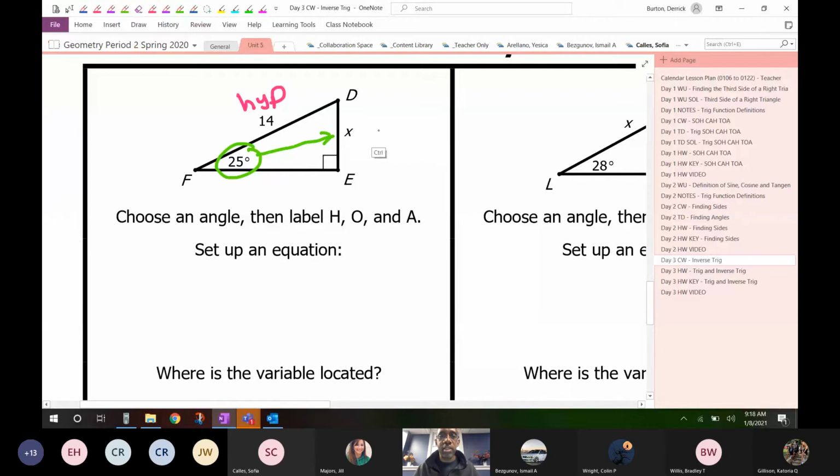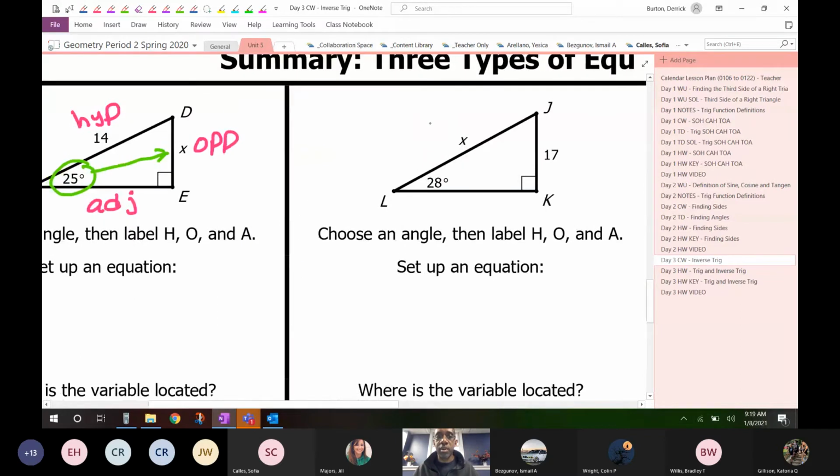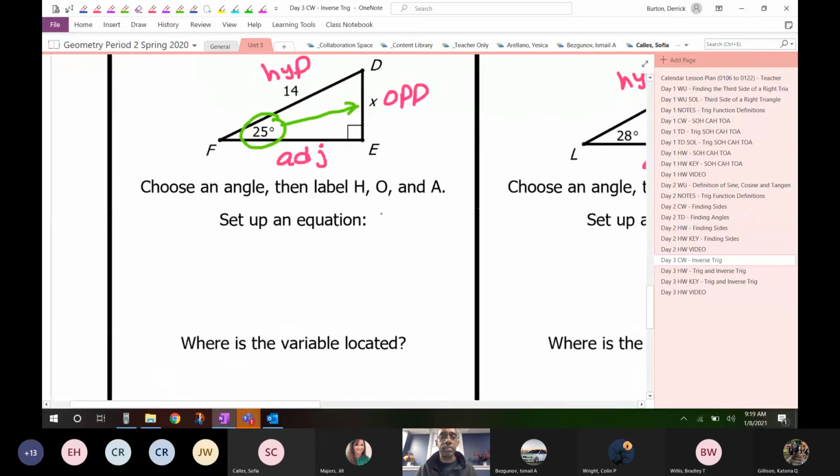Boom, that makes this opposite, and this is adjacent. Okay, now these pictures are all kind of the same. So this is hypotenuse, this is opposite, this is adjacent. Okay, this is hypotenuse, this is opposite, this is adjacent. So that's always the first step.